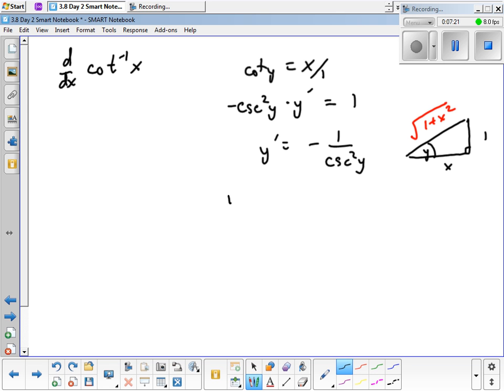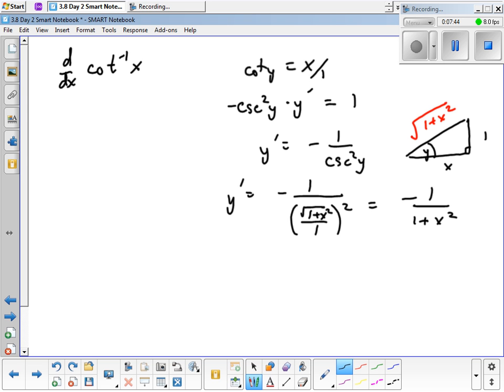Going back to our derivative, we're going to substitute it as negative 1 over. Okay, and then cosecant is hypotenuse over opposite. So we end up with negative 1 over 1 plus x squared.